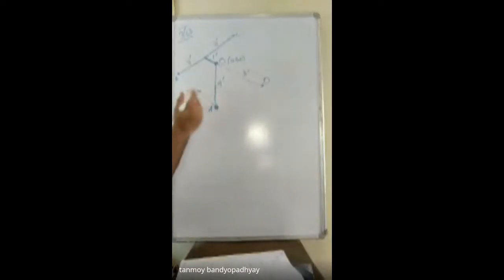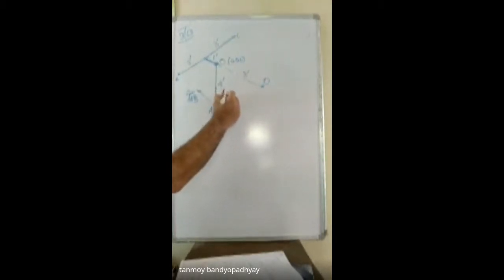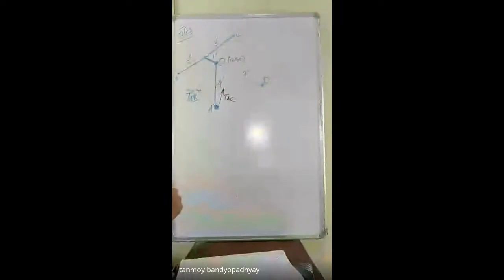This is the tension acting on the cable AB. Then TAC, suppose there is a cable joining A and C. And the cable joining A and D carries a tension TAD. I hope you can understand. So TAB, TAC, and TAD we need to determine.